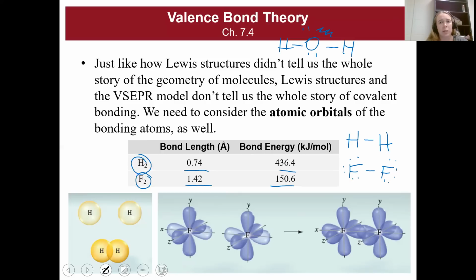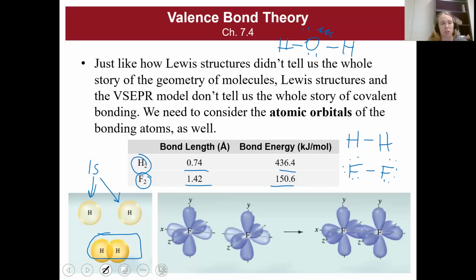Valence bond theory says that we have an overlap of orbitals. This is a hydrogen 1s orbital, and this is another 1s orbital. Hydrogen has one unpaired electron, but when the two hydrogen atoms come together, each single unpaired electron can be shared with the other, and we end up with a pair of electrons in the 1s orbital.